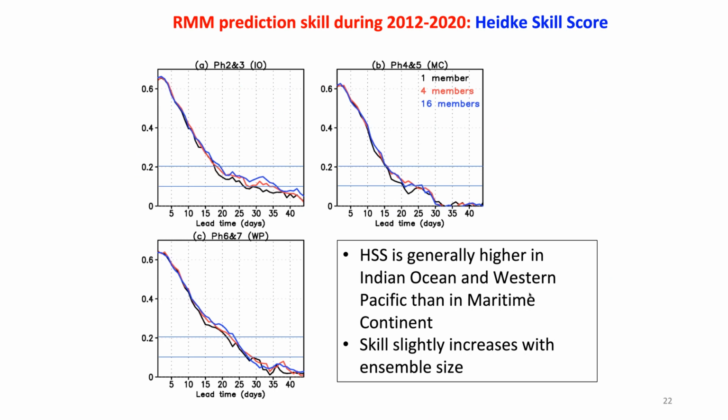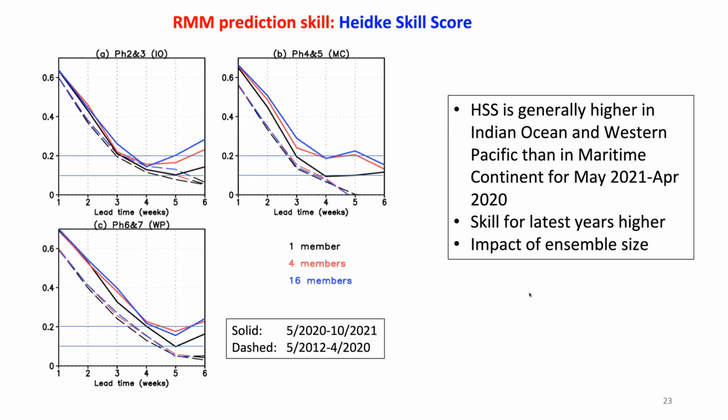Let's go to the next one, which is now for the Heidke skill score. We just want to calculate this for a consistency check. The skill is obviously lower than the anomaly correlation skill.